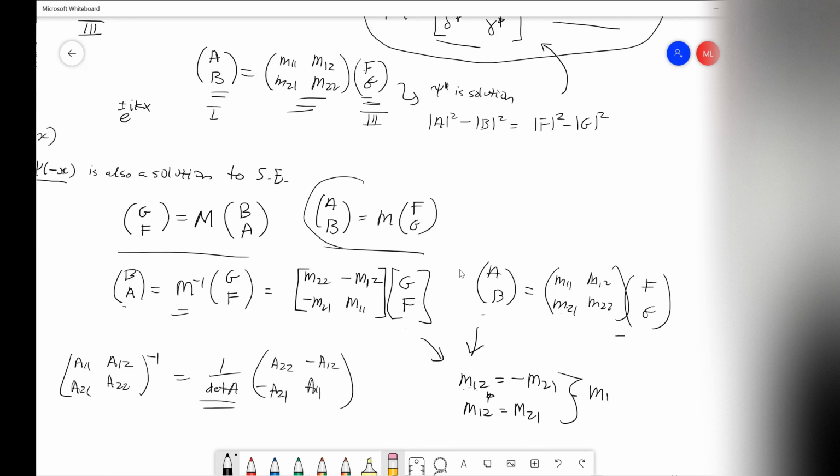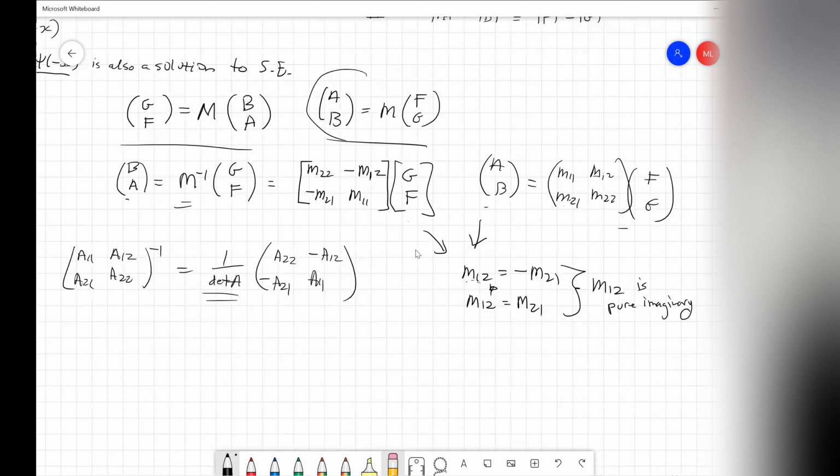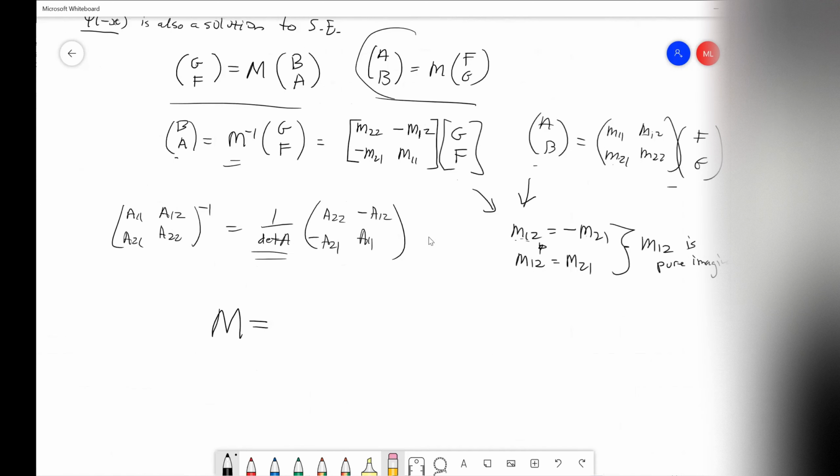So M12 is pure imaginary. That's the only way these two conditions are satisfied. So our general form for the matrix M for an even potential has to be gamma star. That doesn't change, but these become pure imaginary and complex conjugates of each other like this.